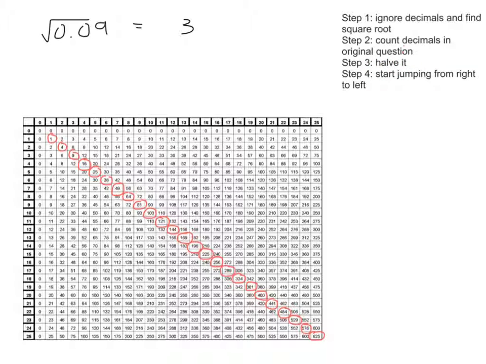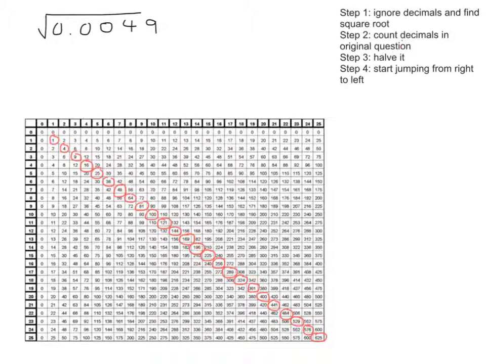So 1 decimal place, so we start from the right, and then we jump left. So we'll do that. We start from the right and we jump left once, and that's where we put our decimal. So our final answer will look like 0.3. So the square root of 0.09 is 0.3.